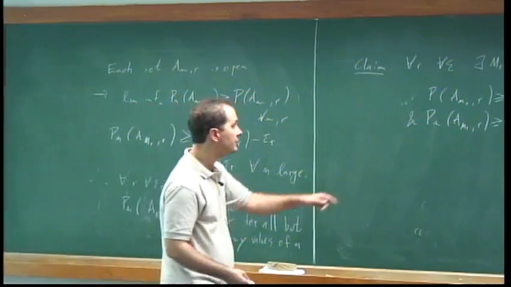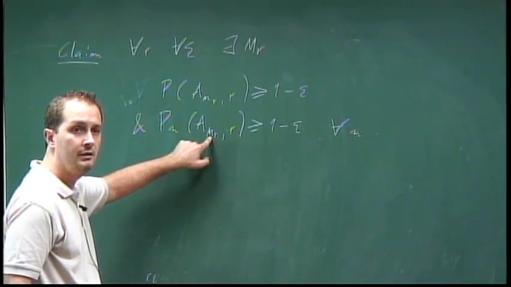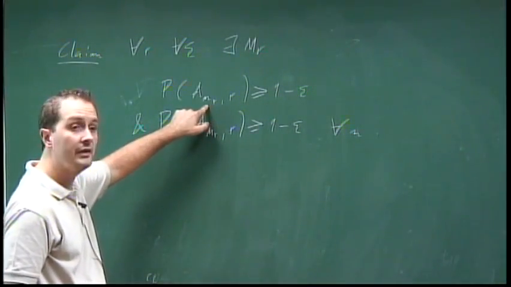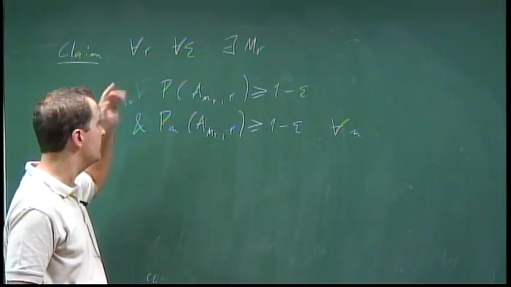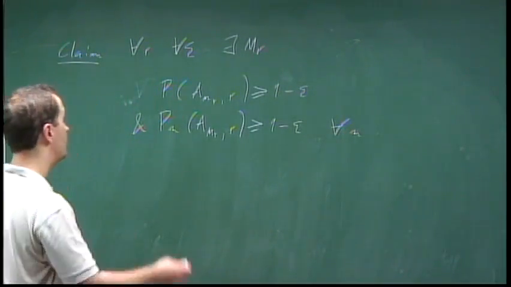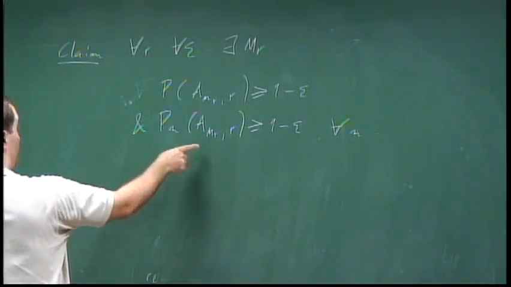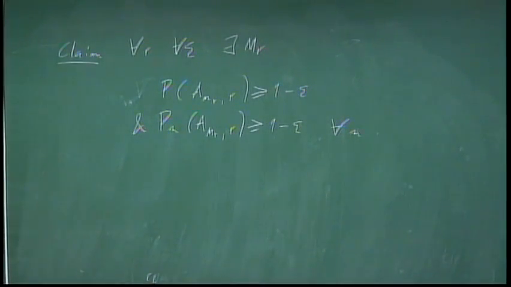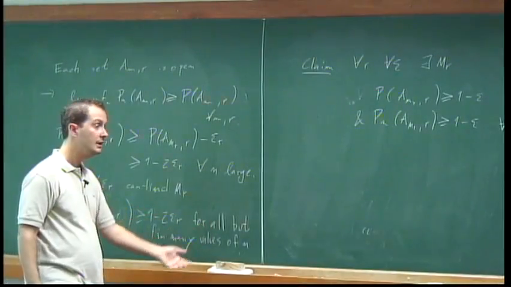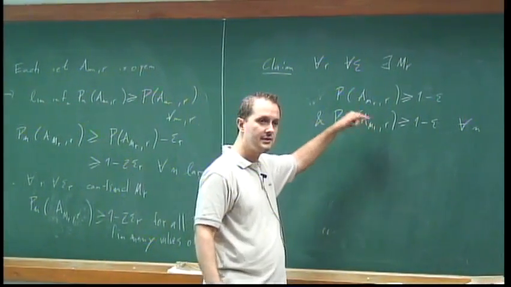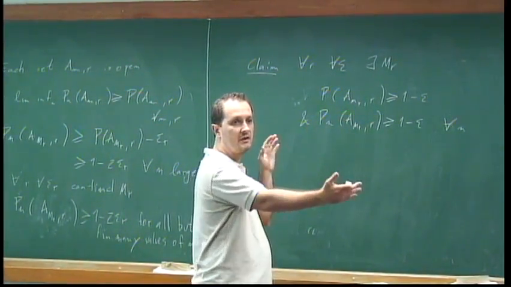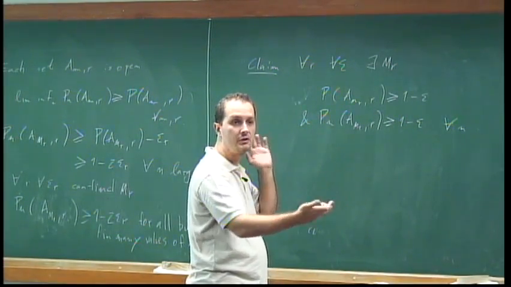Because we know that by increasing M_R, we get this. So I'm just saying, first take the M_R that solves this for all but finitely many values of n, and then keep increasing this index until you cover the finitely many measures that are left, and you know you're going to do that.